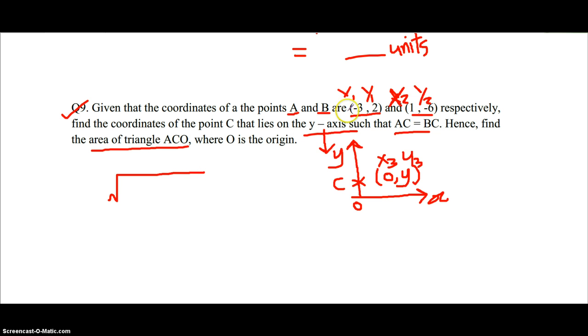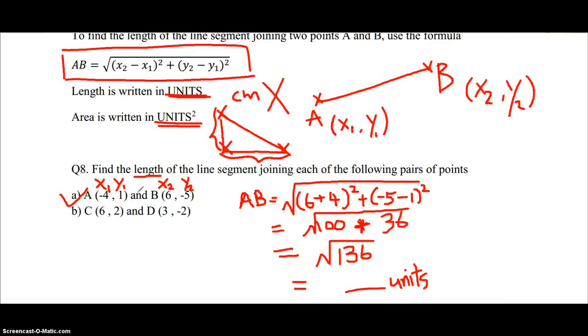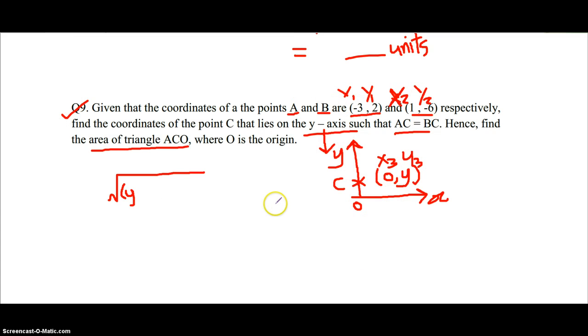Let's look at just A and C. So y2 minus y1 squared, plus, what's your x? Your x is 0 minus 3, so it's plus 3 squared, equals to square root.